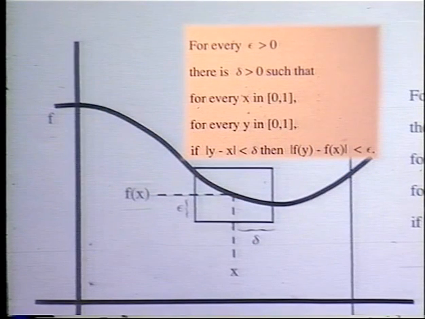The definition of uniform continuity starts, for every epsilon greater than 0, there is a delta greater than 0, such that, etc. Let's bring in Abelard and Eloise to play another game for us. Abelard will start by choosing epsilon greater than 0, and Eloise must choose delta greater than 0 after Abelard has chosen epsilon.